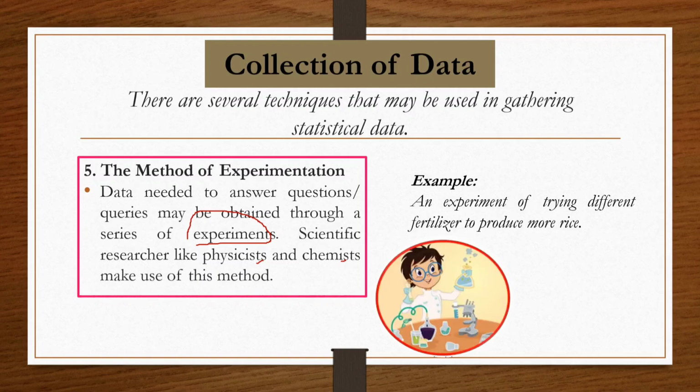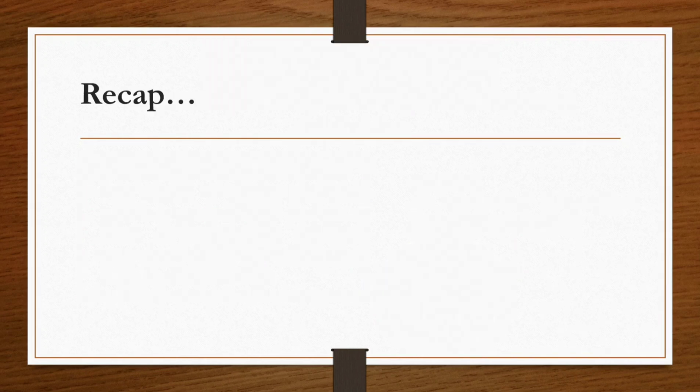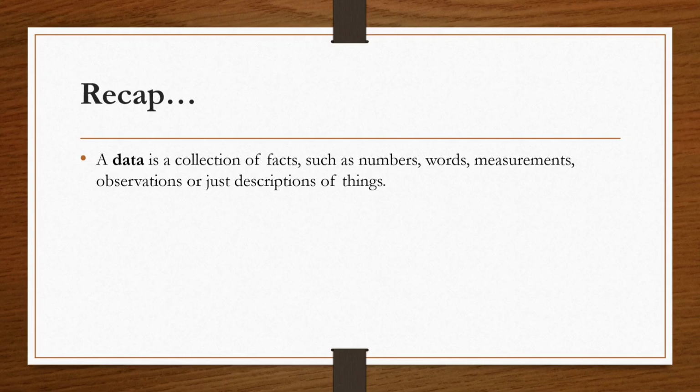So for example, we have here a researcher who is conducting an experiment because he wants to try different fertilizers, or he wants to check which fertilizer can help to produce more rice. So those are just some of the statistical ways or methods for us to collect data.